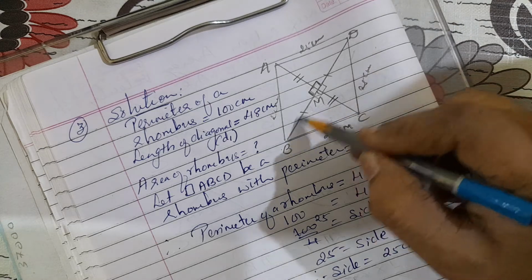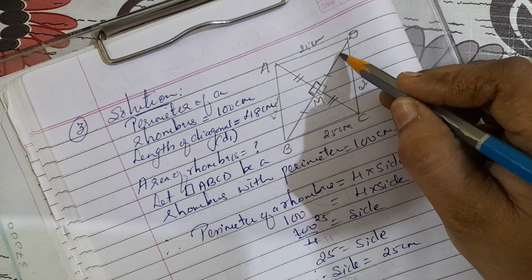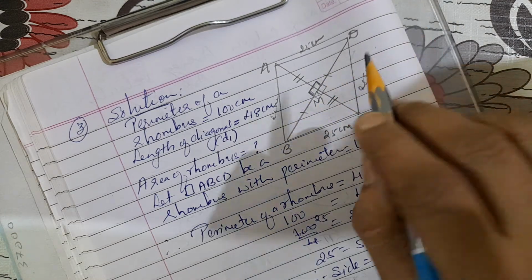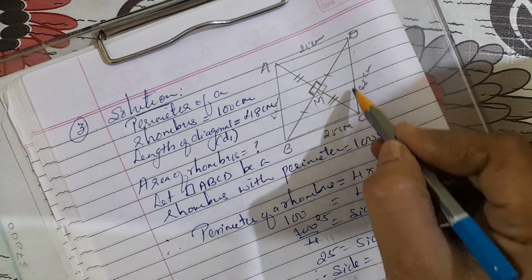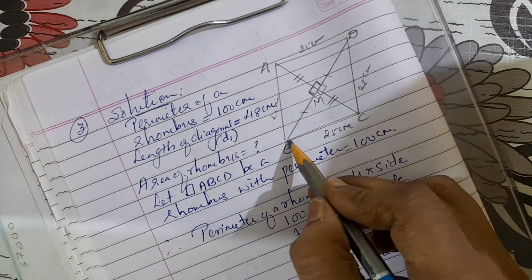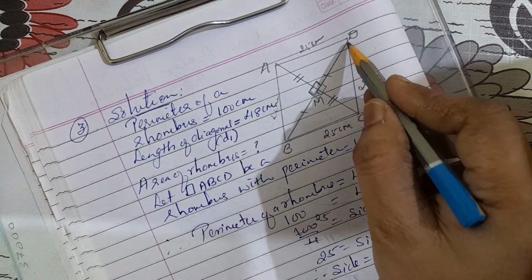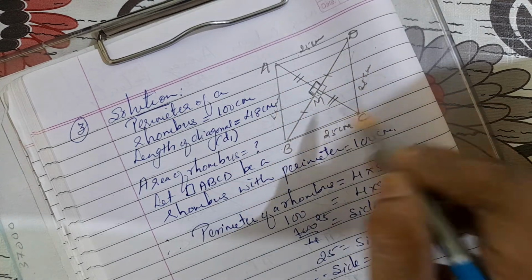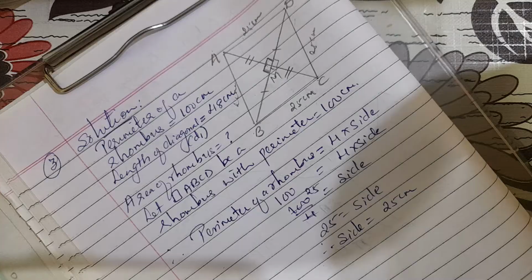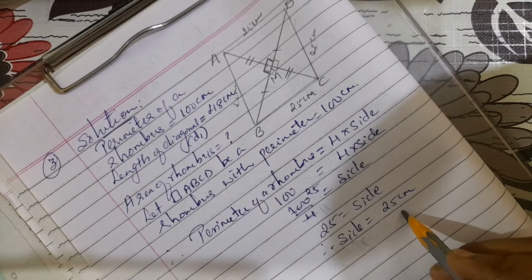So already the measure of one diagonal is given. Suppose this is 25 centimeter, this is 25 centimeter, this is 25 centimeter, and this is 25. Now suppose we take any one of the triangles, so one side we have got 25 centimeter.